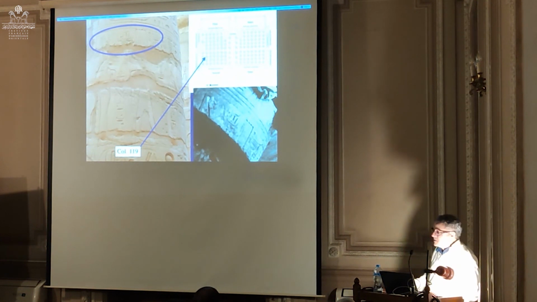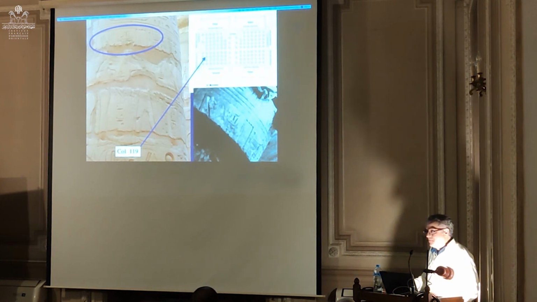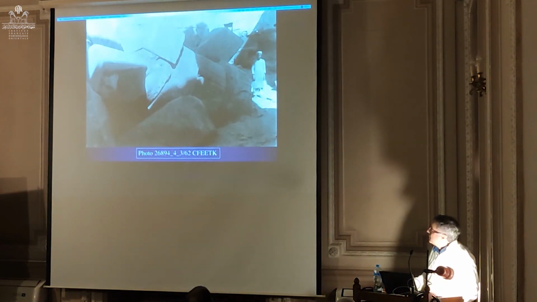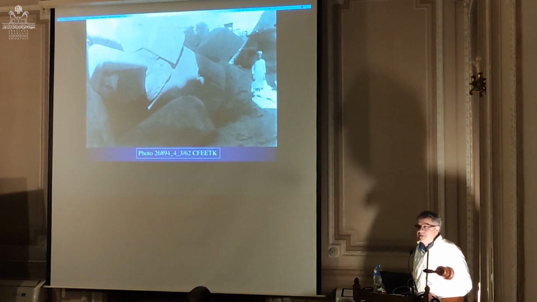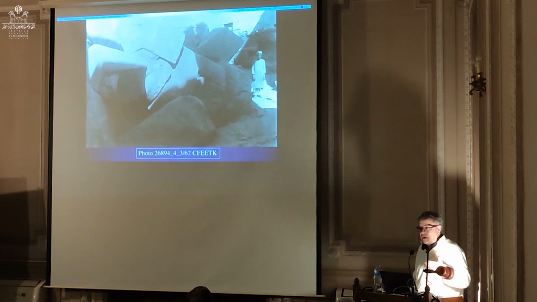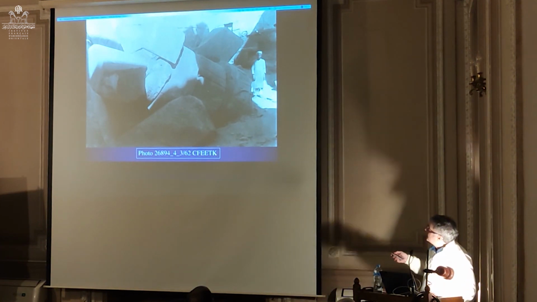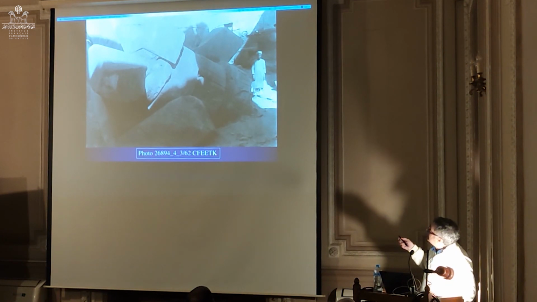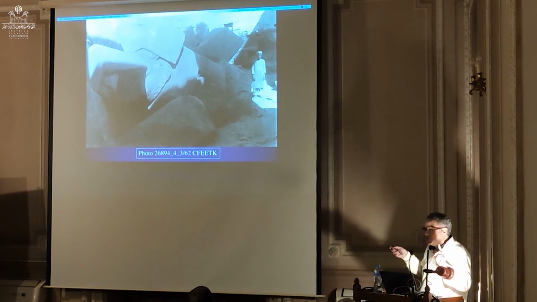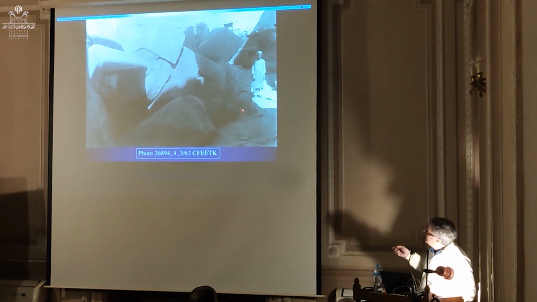That was detected by Christophe back in the 50s, and we were able to corroborate this through other archives that show the same fallen column, the one standing right next to the northern wall. So this is the so-called 133 column.